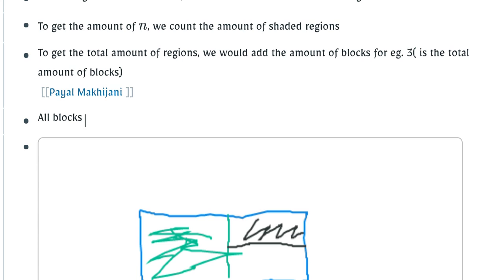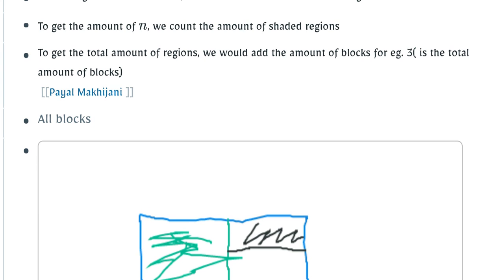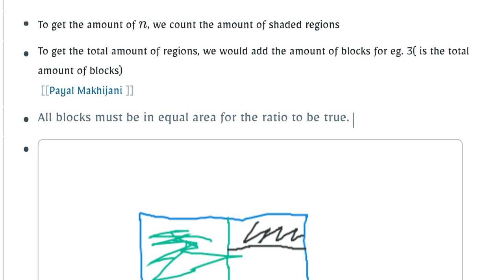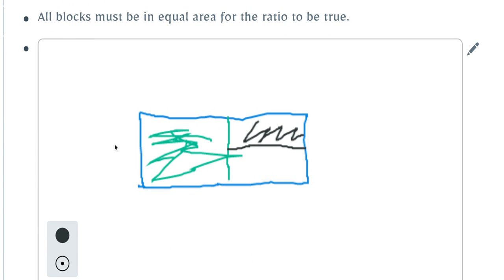All blocks, this is very important, all blocks must be in equal area for the ratio to be true. So if I wanted to express that she had half of the entire gold, which is, I don't know why she would be so happy to take so much, we would need to represent it on a better diagram, right?